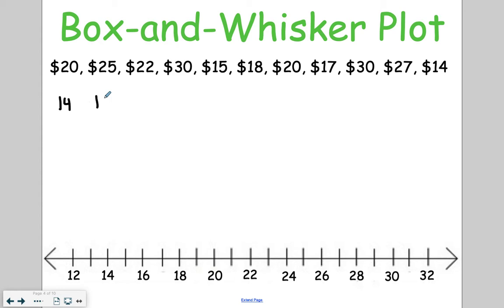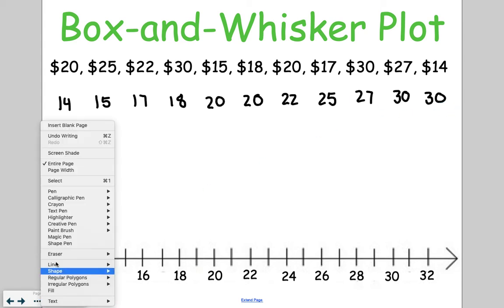Then I've got 15, after that 17, then 18, then 20, then 20 again, and then 22, followed by 25, followed by 27, and then 30 and 30. So I put my data points in order from the smallest to the greatest.